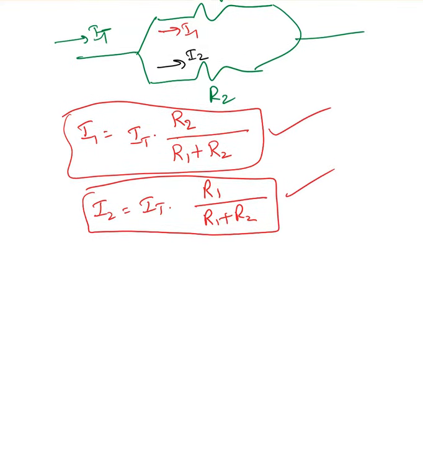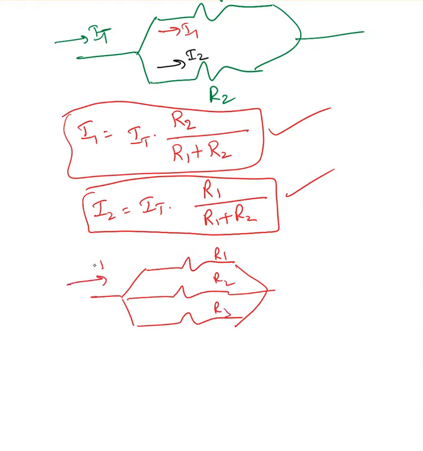What if there are more than two resistors in parallel? What I usually do, if there are more than two resistors in parallel, like these three, R1, R2, R3, and I know the total current I total, I'm going to combine these two resistors. So R2 parallel with R3, I'm going to label that as R4.